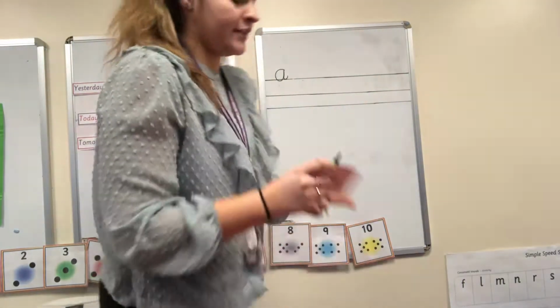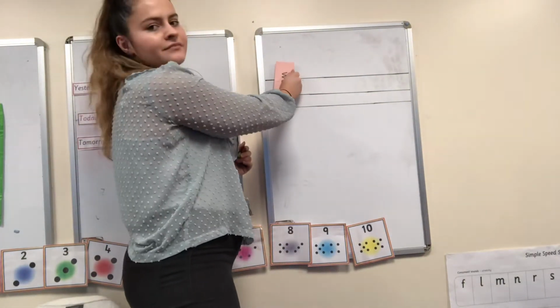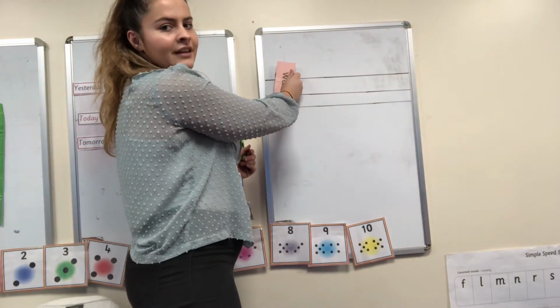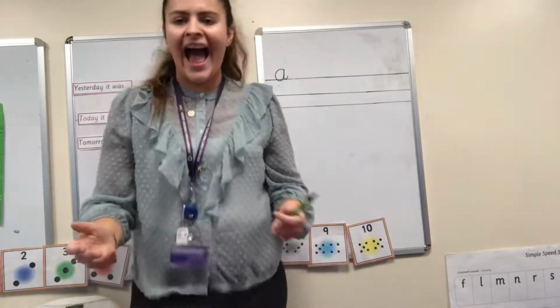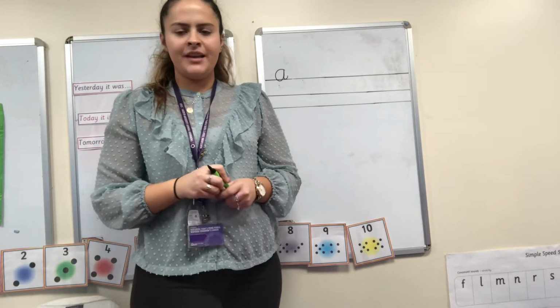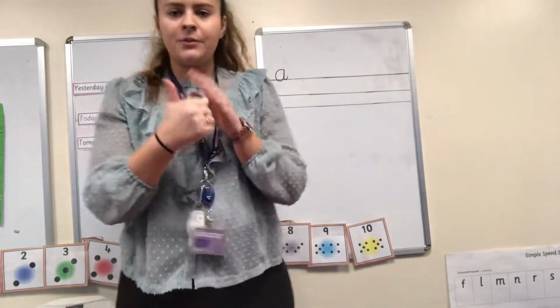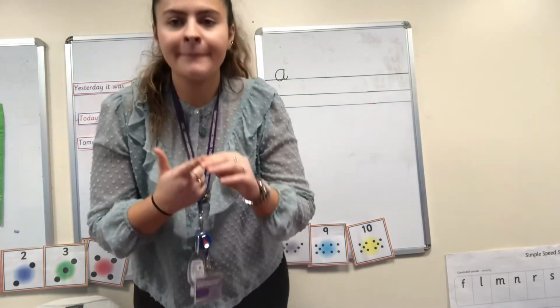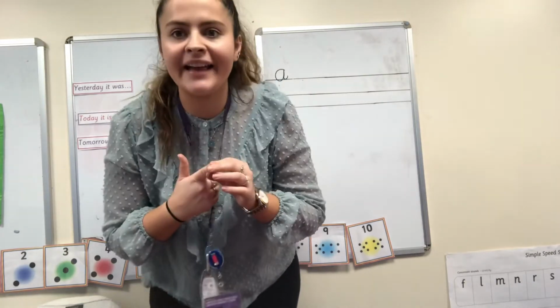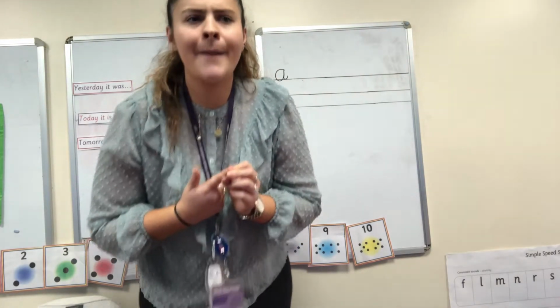Let me just cover it for a second. Super. So you should all have the word a written down, okay? So that's our first word. What was our second word? Well done. Big.